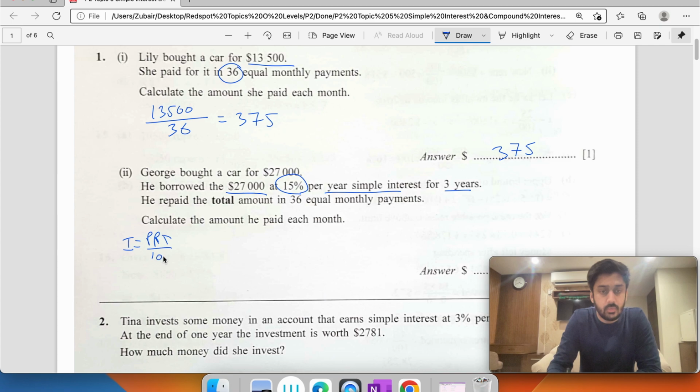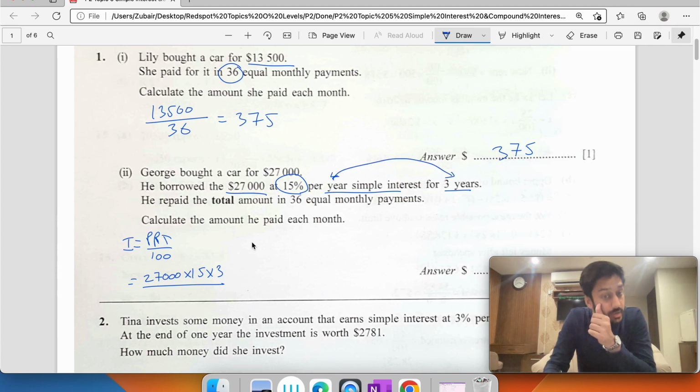PRT by 100. Price was 27,000. Rate was 15%. Time was 3 years. Make sure the rate is in years, percentage, and time must be in same units, by 100.